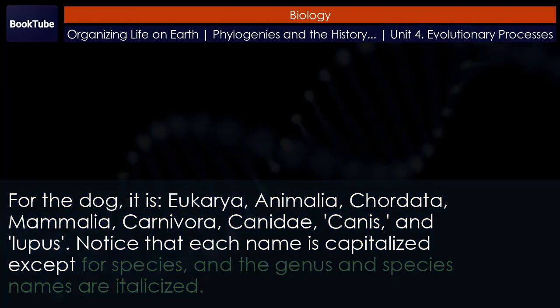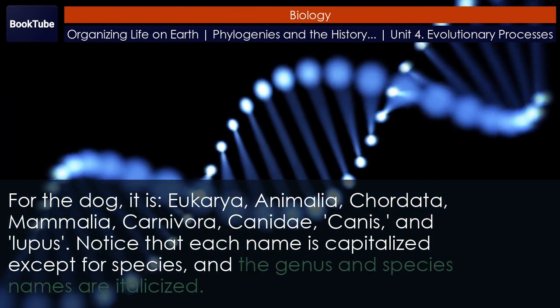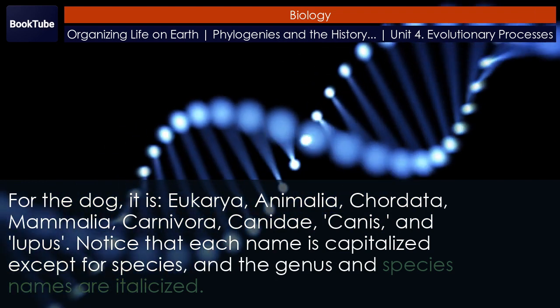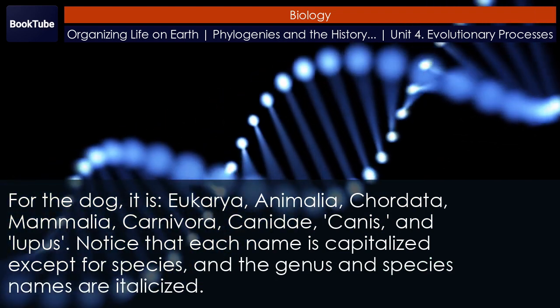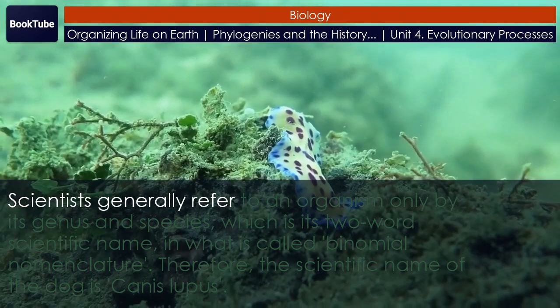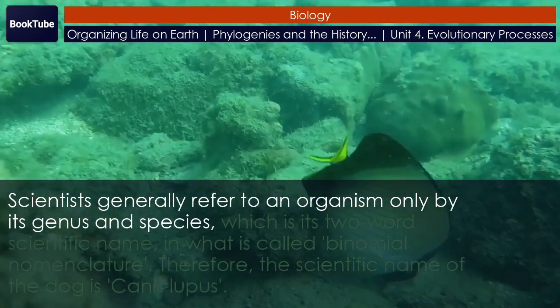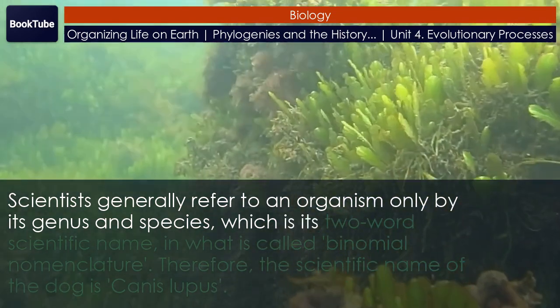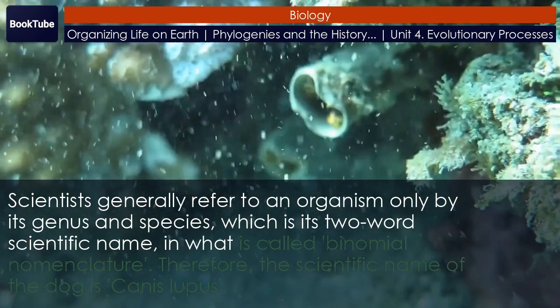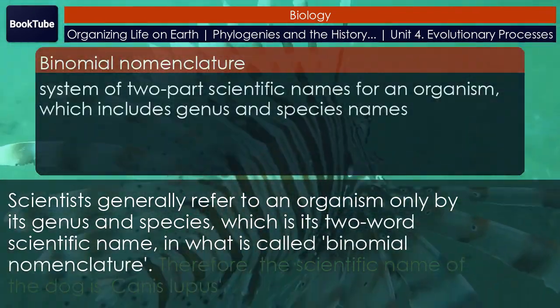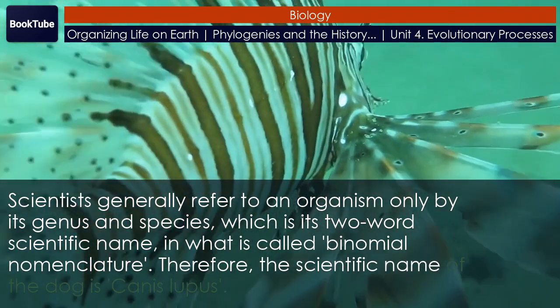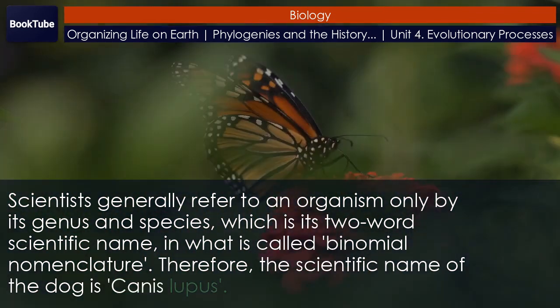Notice that each name is capitalized except for species, and the genus and species names are italicized. Scientists generally refer to an organism only by its genus and species, which is its two-word scientific name, in what is called binomial nomenclature. Therefore, the scientific name of the dog is Canis lupus.